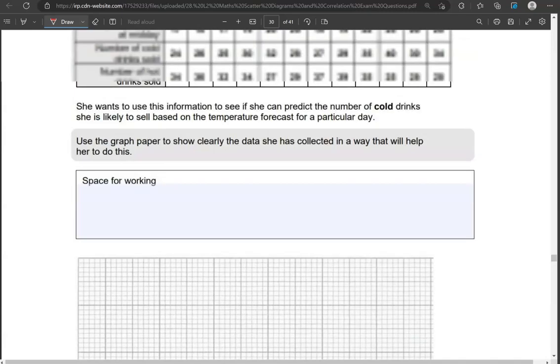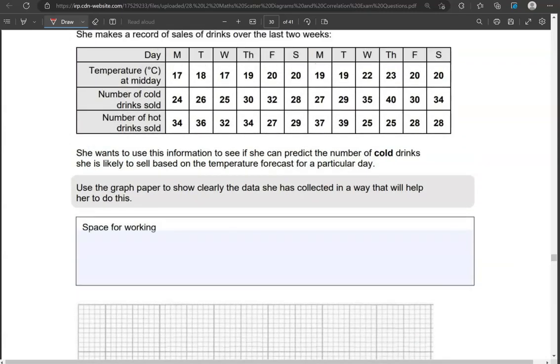So we're going to draw a scatter diagram focusing on the cold drinks. Horizontally will show the number of cold drinks sold, and vertically will show the temperature in degrees Celsius.